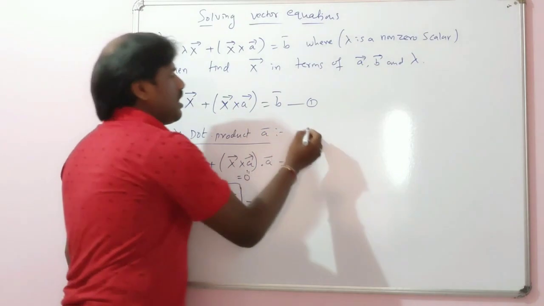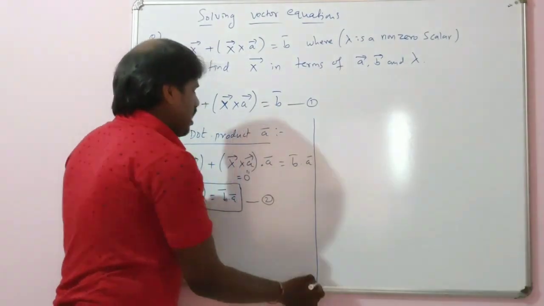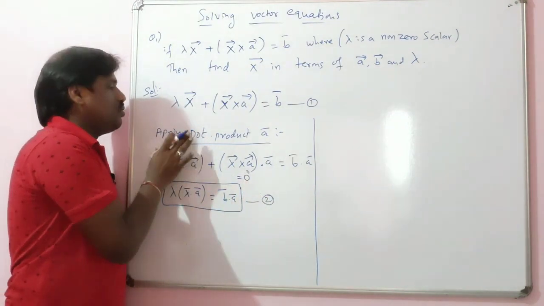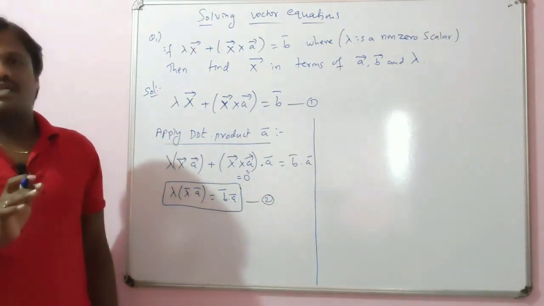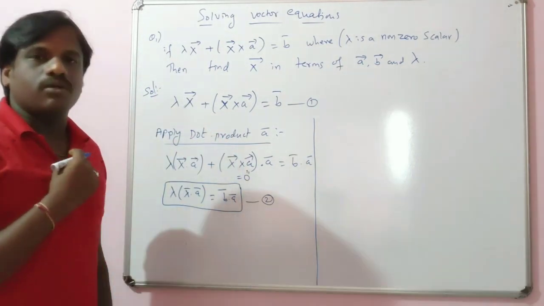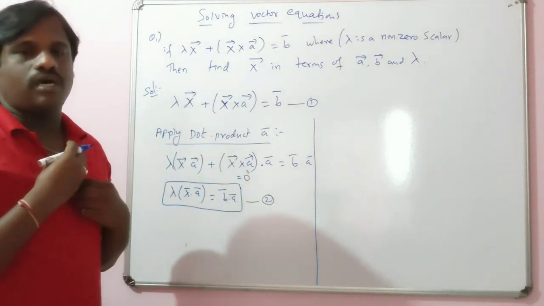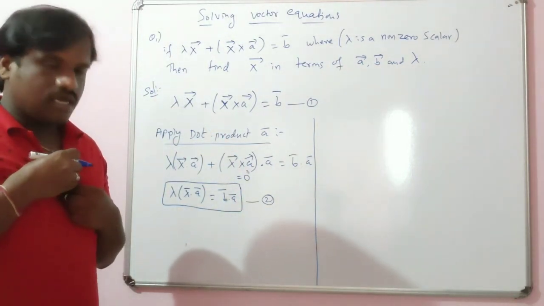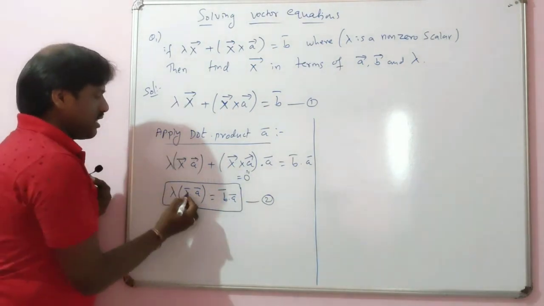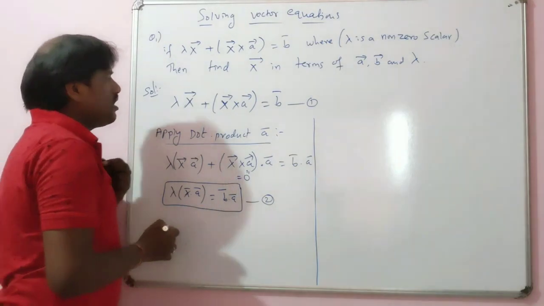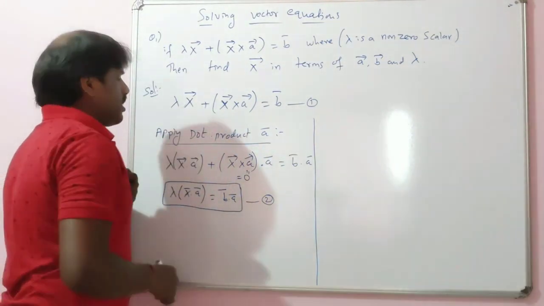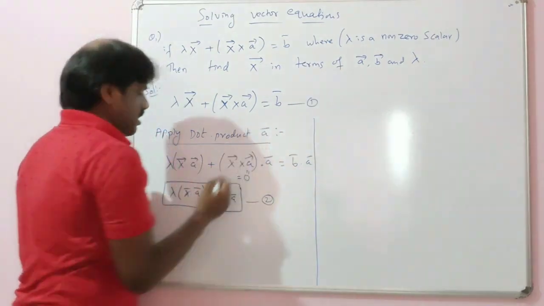Let us go to another concept. I told you, wherever with x whichever vector is there, use that vector with the dot product and the cross product. This is the dot product I applied. Now I am going to apply the cross product. For equation 1, let us apply it here.